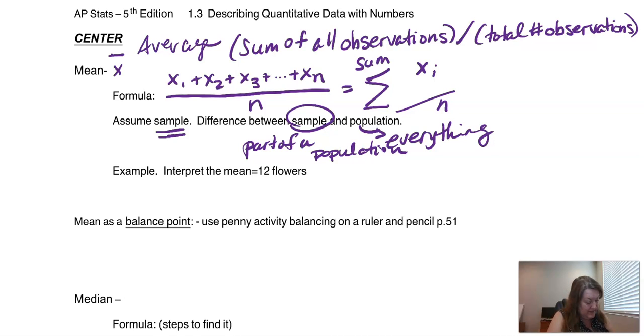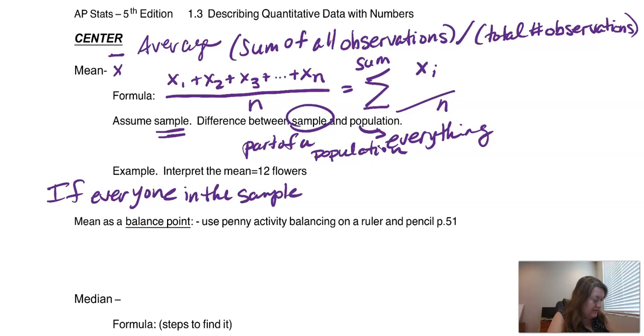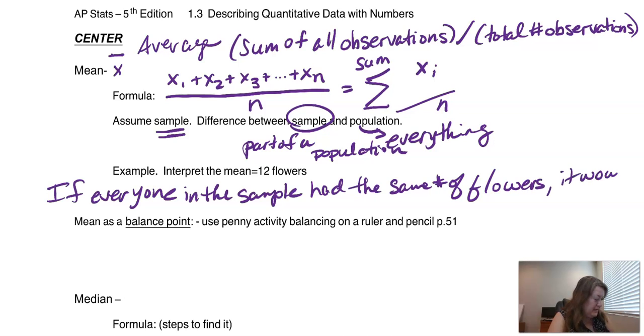You would say something like, if everyone in the sample had the same number of flowers, it would be 12 flowers. So we're basically saying if you shared it with everybody, everybody would have 12 flowers, but really some people might have more, some people might have less.